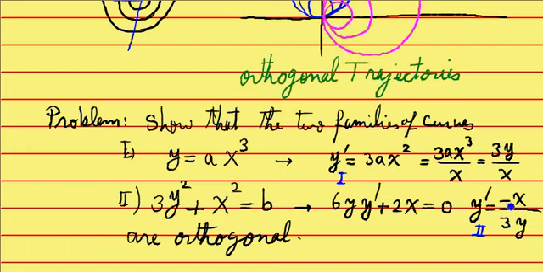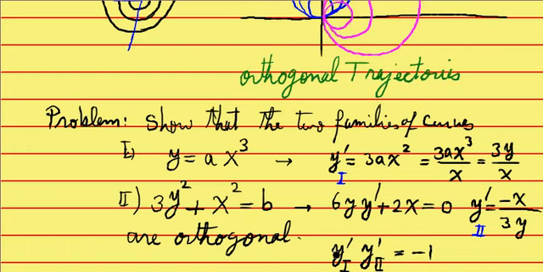They are, of course, negative reciprocals of each other. So if I take y prime of the first family times y prime of the second family, excuse me, making too many mistakes today, what do I get? The product of these two is minus 1.